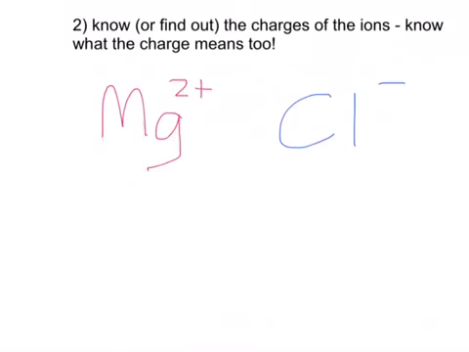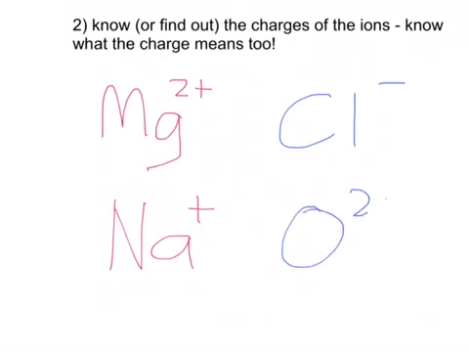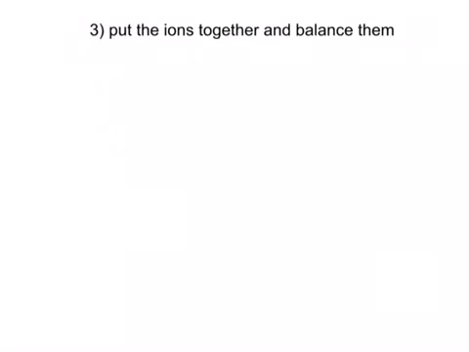The second example that we're going to do is sodium oxide, and so sodium, we can see either from the table, we can use the periodic table for this as well. Sodium has a 1+ charge, and oxygen has a 2- charge. Okay, so we're going to put the ions together and balance them.